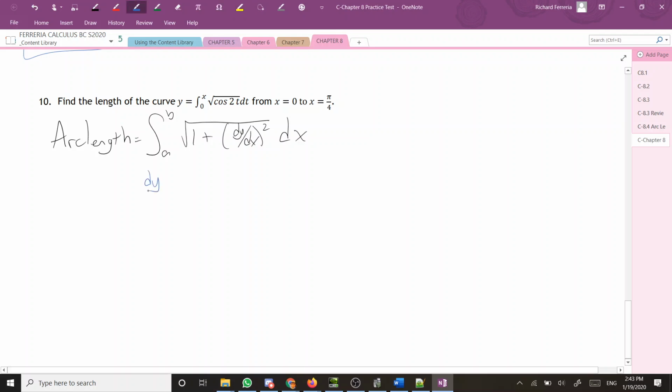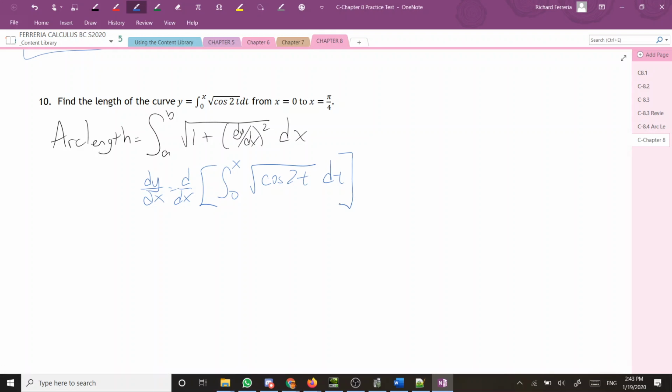So dy/dx is going to be equal to the derivative with respect to x of the integral from 0 to x of root cosine 2t dt. And you'll remember from the fundamental theorem of calculus, we've got the derivative of an integral. We've got x over here, that matches with the x over here.